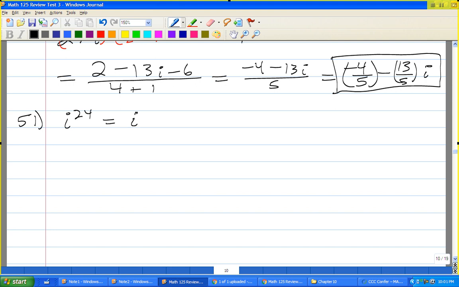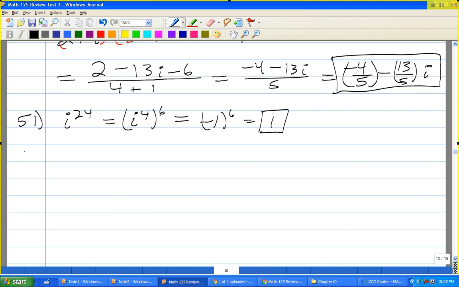So this is i to the 4th to the 6th power. Well, i to the 4th, i squared times i squared, is just negative 1. Negative 1 to the 6th power is positive 1. And so a negative 1 to the 6th is just 1.